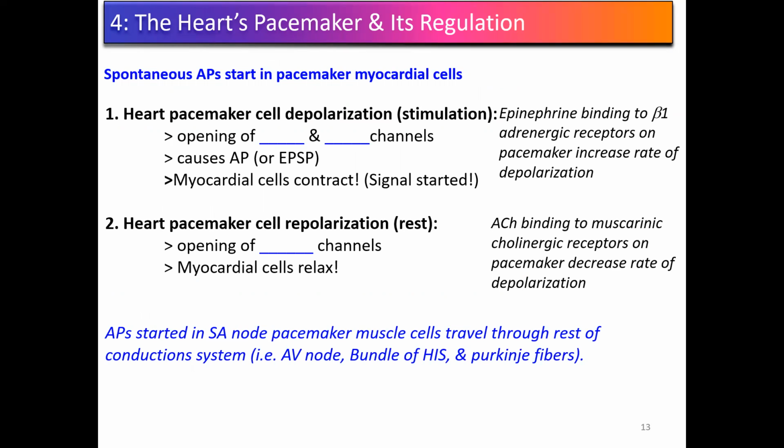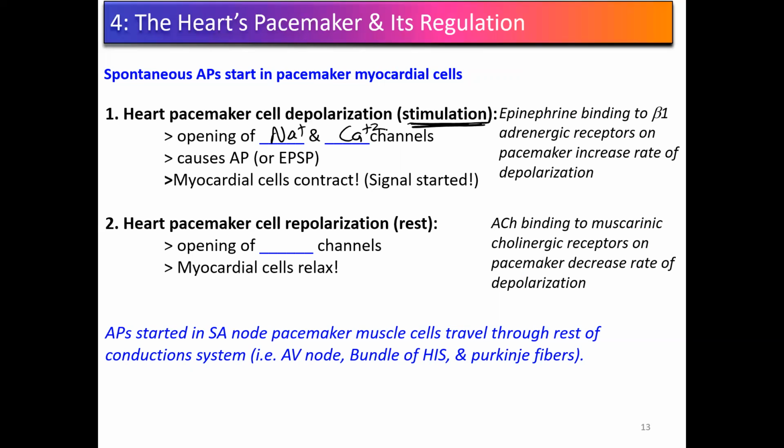If the heart is stimulated, the two stimulatory ion channels are what? Sodium, and the other one is calcium. Technically, it's calcium +2. That is going to stimulate the pacemaker. Epinephrine binding to its beta-1 adrenergic receptor on pacemaker muscle cells will increase the rate of contraction.